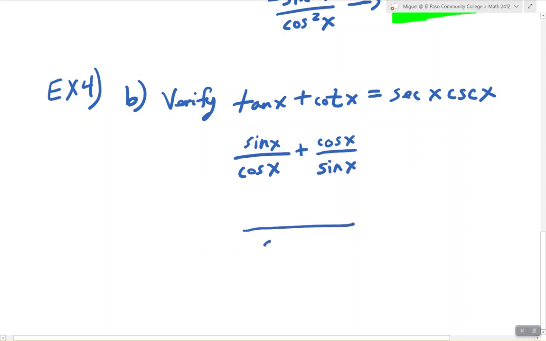If I multiply the 2 denominators, that can be a common denominator. And then, of course, here I have to multiply this by sine, right, to get this. So it's times sine, so we've got sine squared on the top. And then on the other one we have cosine squared.